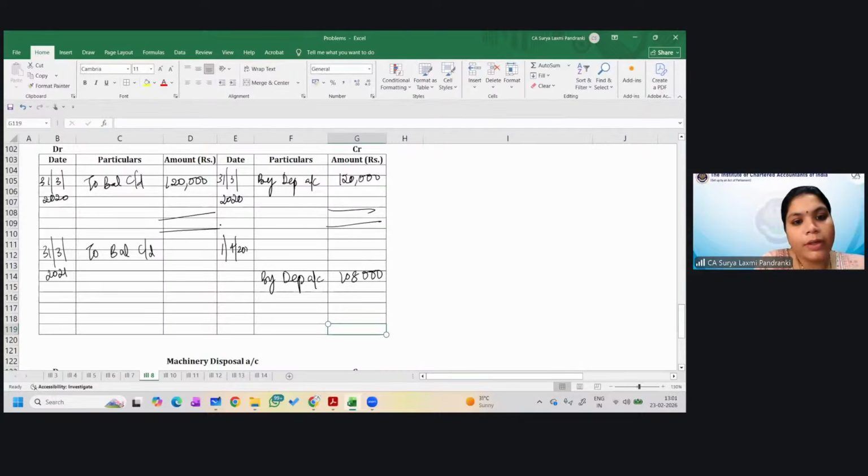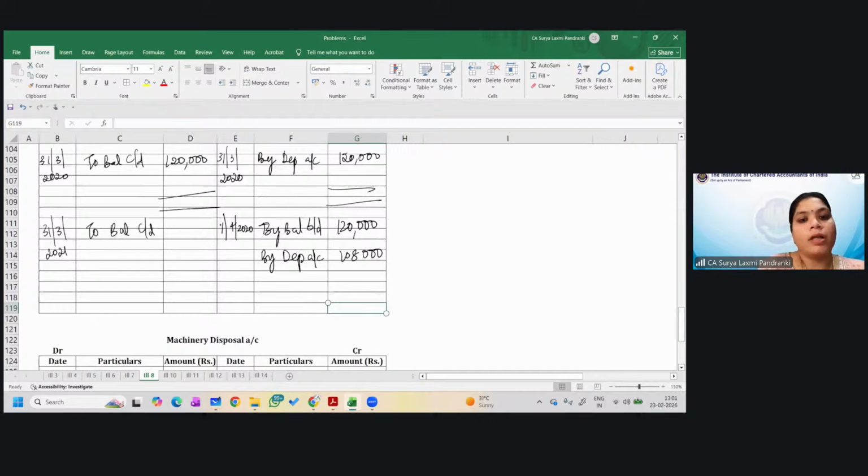Then 1/4/2020, by balance brought down 1,20,000. So what is the balancing figure?